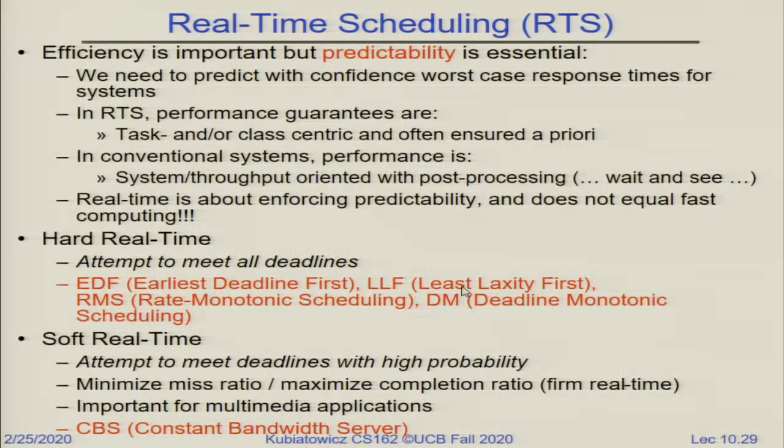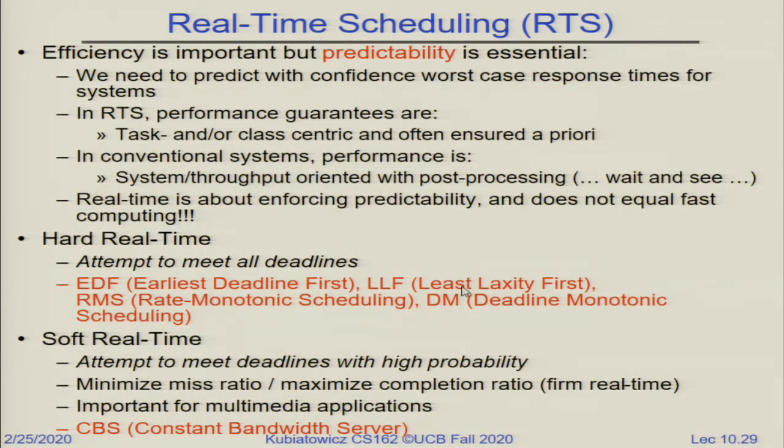So, I think the idea here is if you're watching videos or other things where there's not life and limb involved, it's about trying to do your best to mostly meet the deadlines. And if you mostly meet the deadlines and you only occasionally miss a video frame or only occasionally miss an audio frame, humans are not going to notice. It's going to be okay. They call it soft real-time.